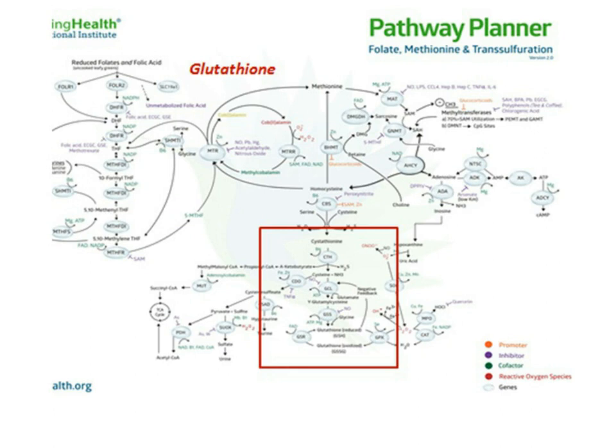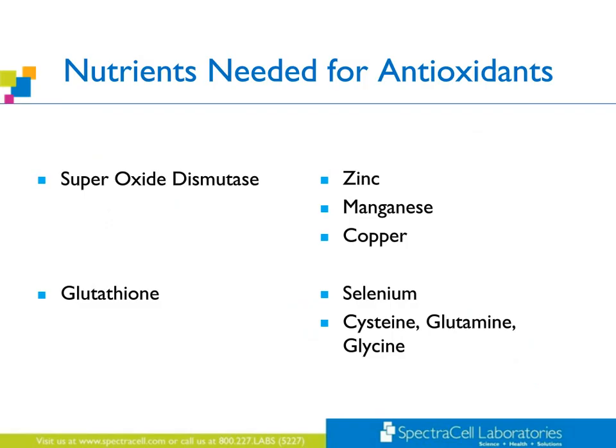So this next slide shows glutathione. That is the second enzyme that I'm particularly always on the lookout for, to make sure that a patient has sufficient cofactors and building blocks for making glutathione. Glutathione is selenium dependent, and the building blocks for making adequate glutathione are cysteine, glutamine, and lysine.